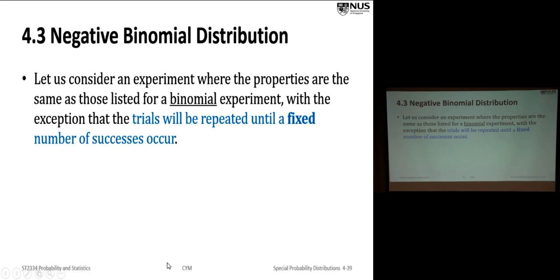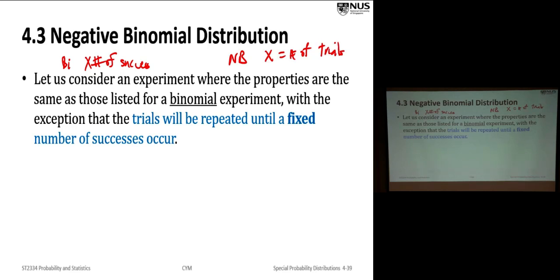This one is similar to binomial, but again, it's different. In binomial, what we are interested in is X, the number of successes, while in negative binomial, X is the number of trials.